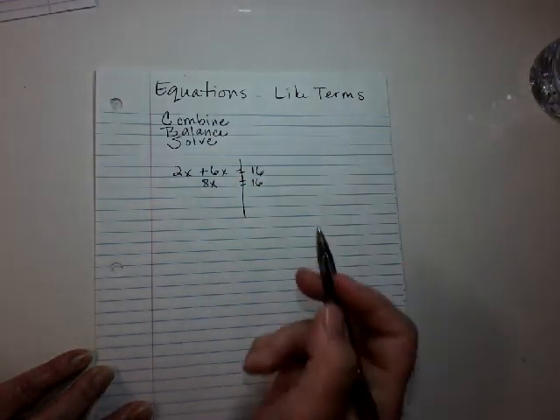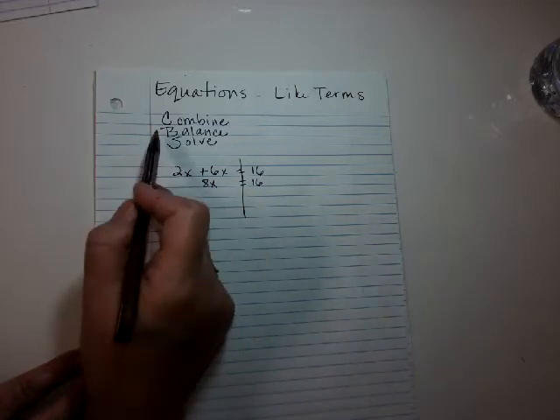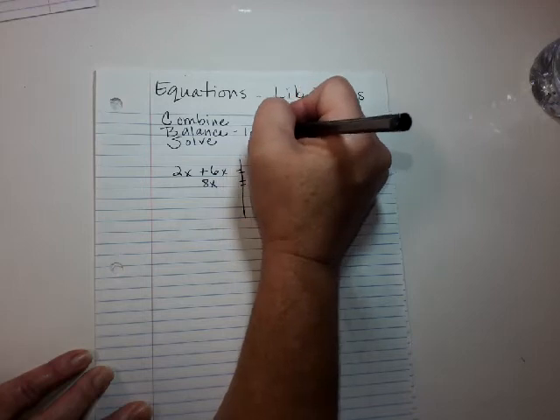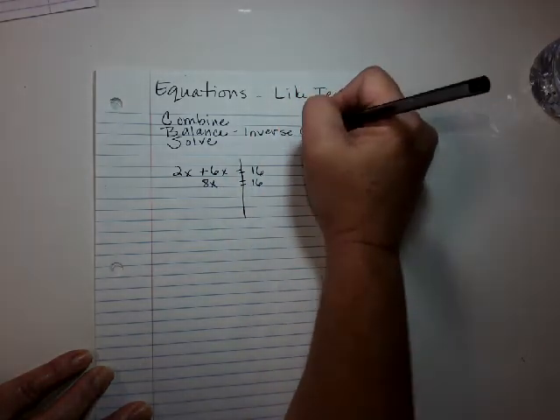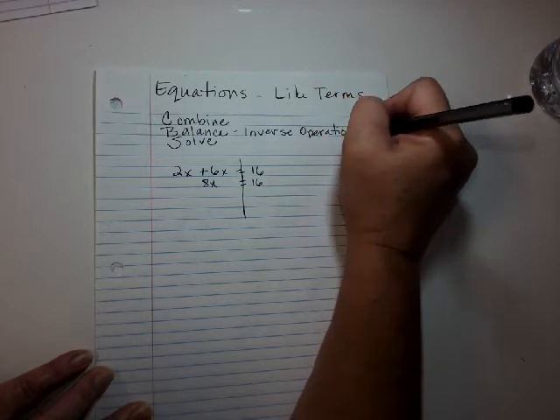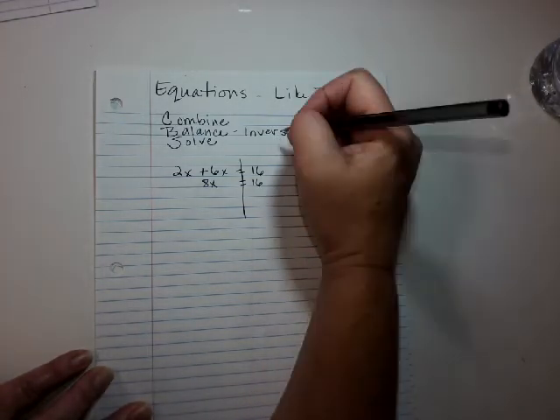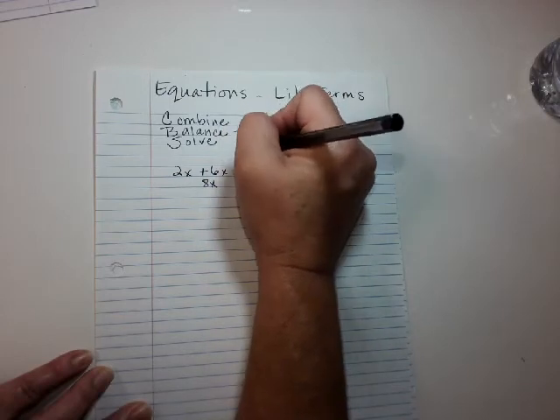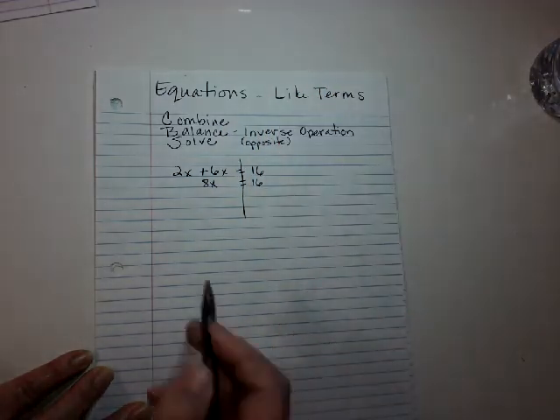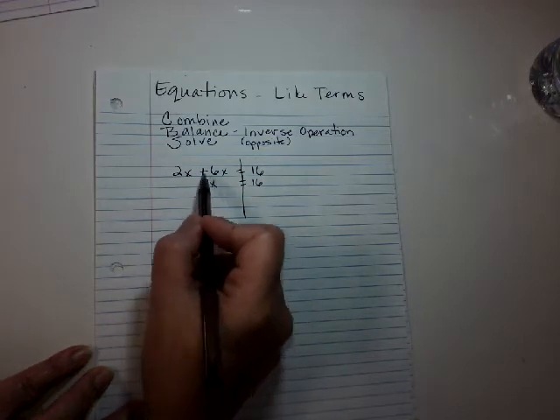Now, we're going to do part of the balance, because part of balancing is doing the inverse operation, okay? The inverse operation. And another word for inverse would be opposite. Okay, so we're going to put opposite, because when we look at this, it is 8x.